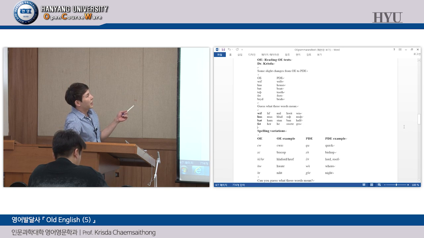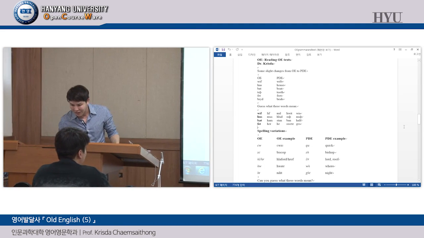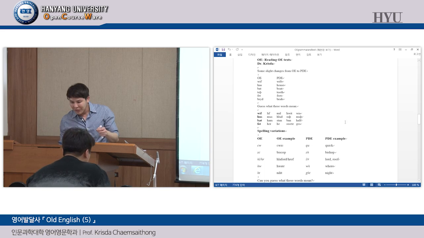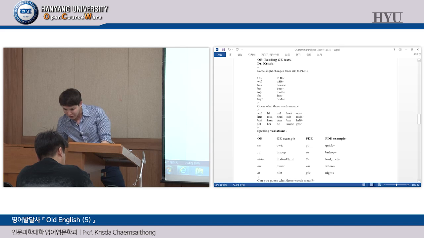Bat, in the portion above here, bat goes to boat. Ham goes to home, right? A goes to O. Stan goes to stone, right? Ban goes to bone. Actually no, this one should be, I misspelled it, hlaf. H-L-A-F, we just saw.